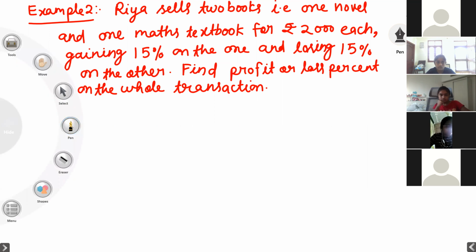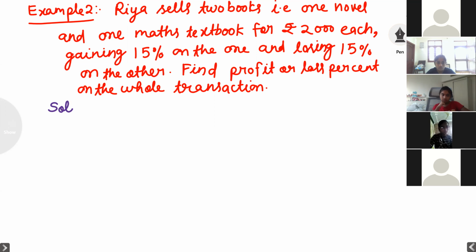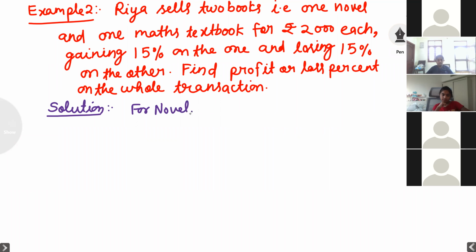Everyone concentrate, don't write. Firstly, I am talking about the novel. Ria sells 2 books, 1 novel and other math textbook, for 2000 rupees each. Sells means SP.